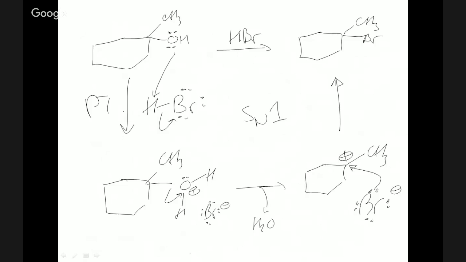Same rules apply to primaries and tertiaries. You can have inversion for this sort of chiral primary, right? We use deuterium to make that a chiral. This is a primary.